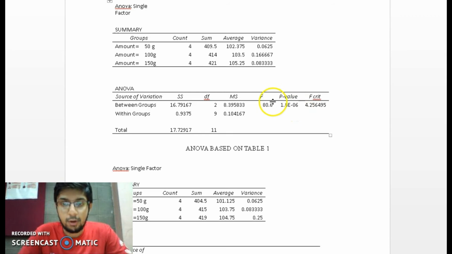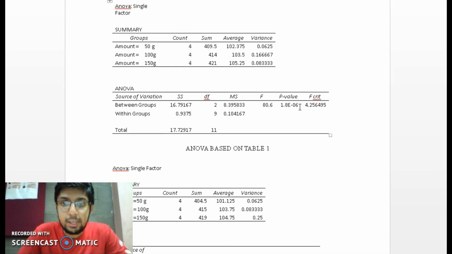One of the reasons is that the mean square between the groups is higher than the mean square within the groups. Next, we'll be comparing the p-value with the alpha of 0.05. That can also be considered one of the factors why we did not accept our hypothesis.